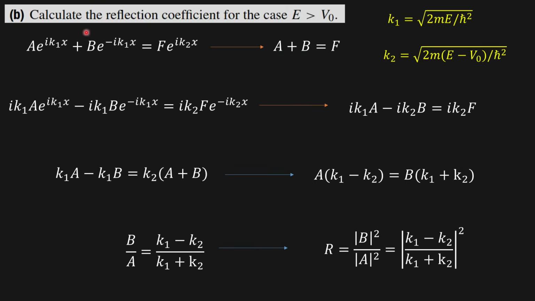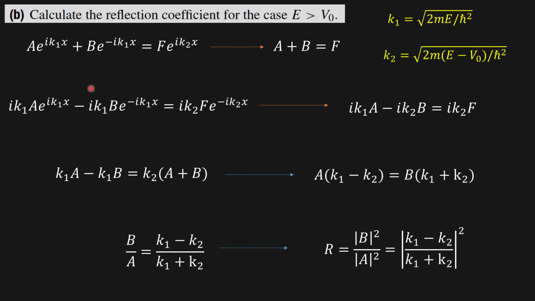Now you can calculate the reflection coefficient for the case where the total energy is greater than that of the potential energy. Earlier case, the potential energy is greater than the total energy. So here K1 is equal to square root of 2mE over h cross squared, and K2, because here the wave moves with a different velocity from when it moves from left to right.